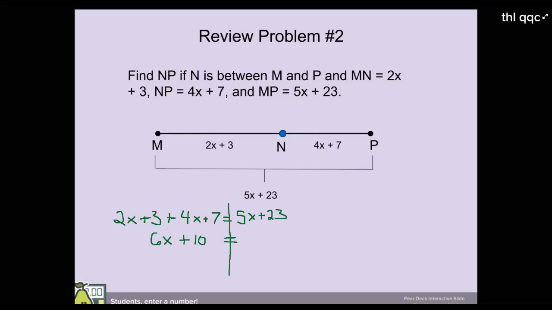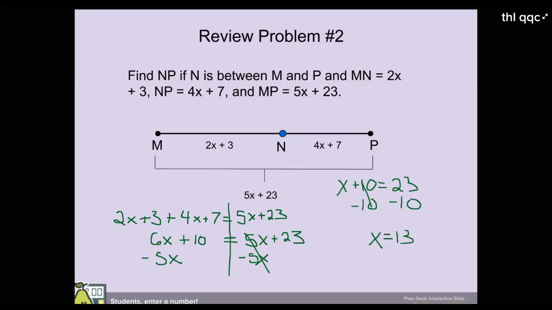All right, now I need to get my x's to one side, so I'm going to move this one. So we end up with 1x, or just x. You don't need to put the 1 in front. Equals 23. Then subtract 10. And so x equals 13.